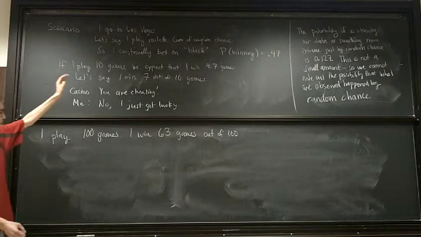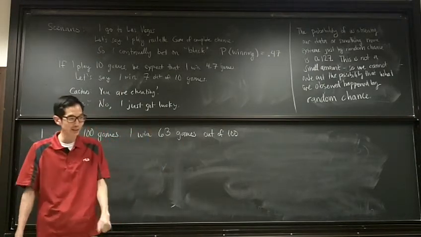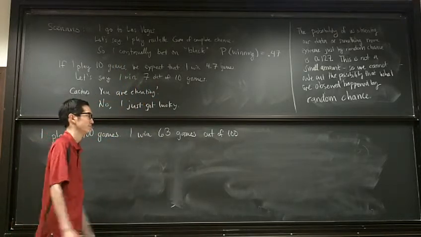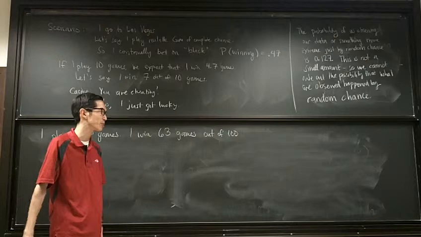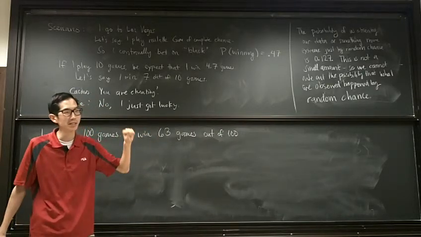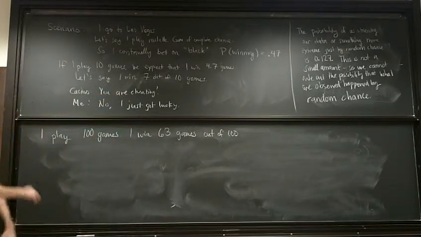I said, look, you accused me of cheating when I won 7 out of 10 games. I had a 70% win ratio back then, and I showed you that I could have just been lucky. Now I'm only winning 63% of the time, and you're still going to accuse me of cheating? What's wrong with you?